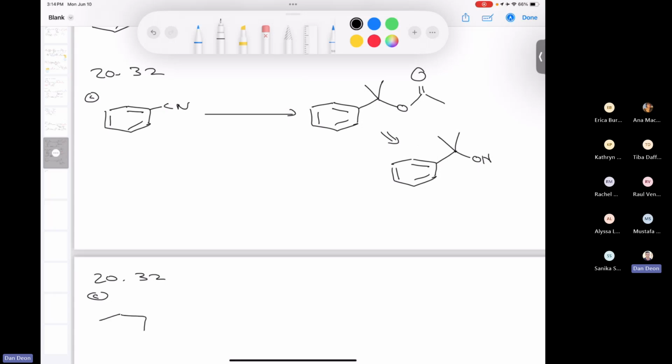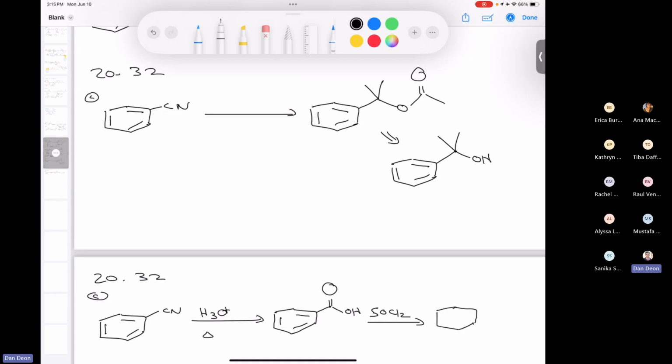So what I mean is this. If I start with my nitrile and I hydrolyze that, okay, so if I use H3O plus and I cook that up, that's going to take me all the way to the carboxylic acid. So now I've got some benzoic acid, and I can treat that with thionyl chloride, SOCl2, and that's going to give me the acid chloride.